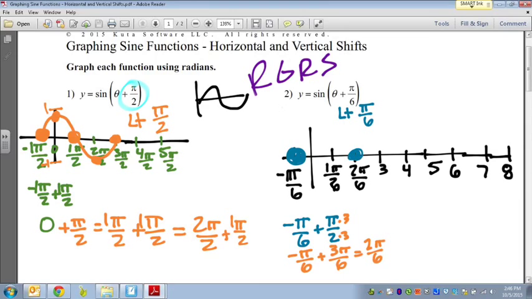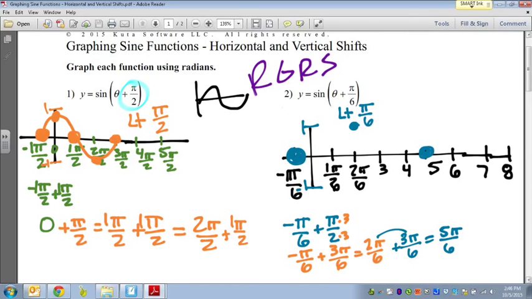Remember, for a sine graph, it starts at 0 and goes up to 1. So at 2 pi over 6, we add another pi over 2. Isn't pi over 2 the same thing as 3 pi over 6? So rather than doing common denominators again, I'll keep the same denominator, 3 pi over 6, since it's the same thing I'm doing right here. Then I just do 2 plus 3, which is 5. 5 pi over 6 would be right here.